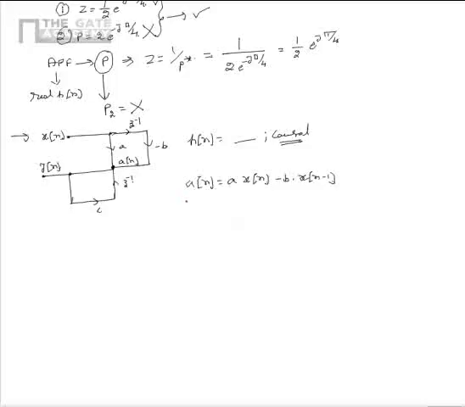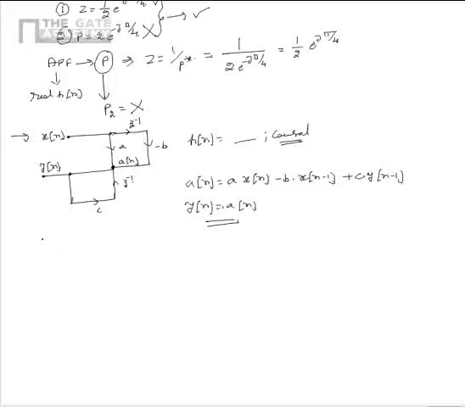Also, from this we can write that y of n is equal to minus b into x of n minus 1 plus c into y of n minus 1. Also, we know that y of n is equal to A of n from the given structure.